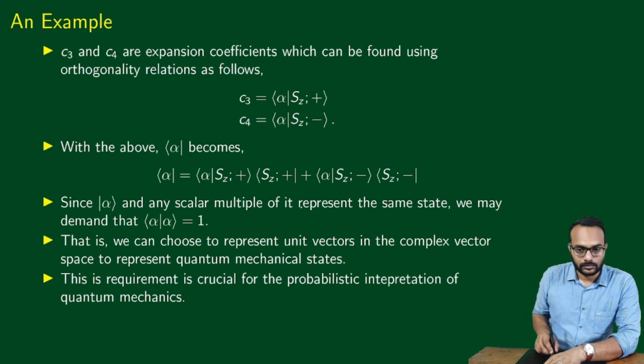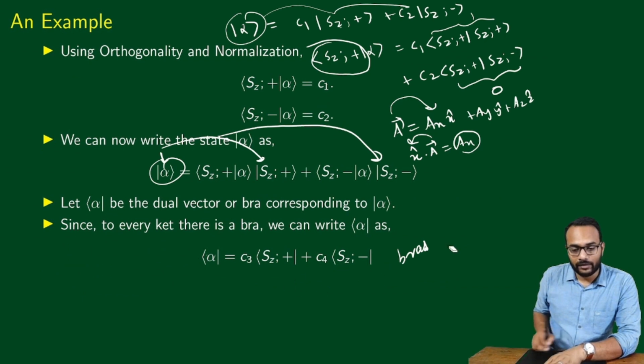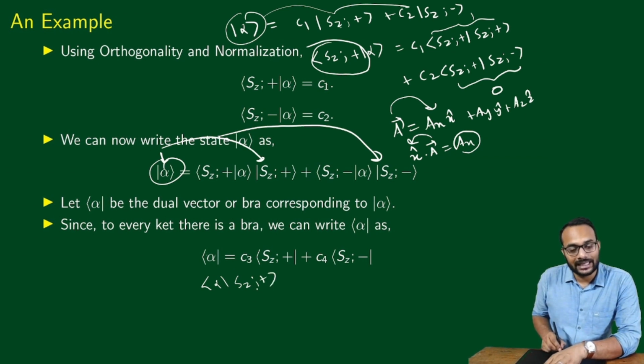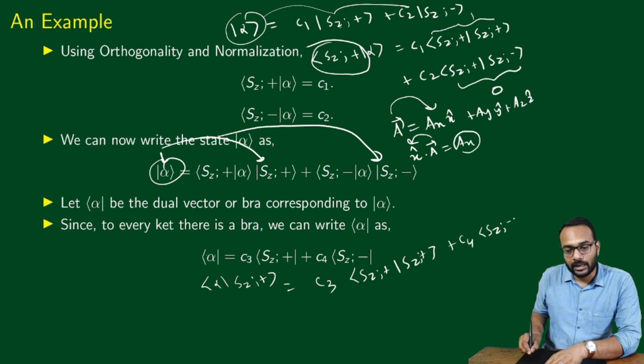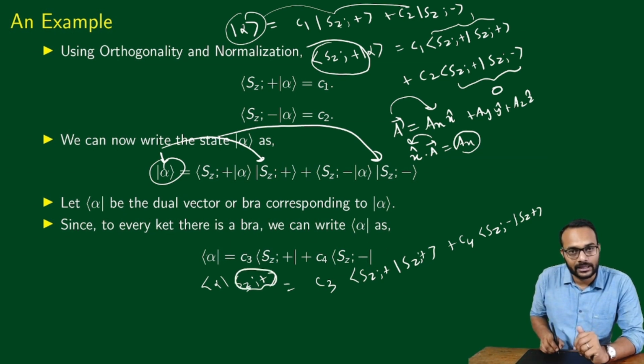Here what we have is bra alpha. What happens if I push a ket Sz plus from the right? I'll get C3 ⟨Sz+|Sz+⟩ plus C4 ⟨Sz−|Sz+⟩.